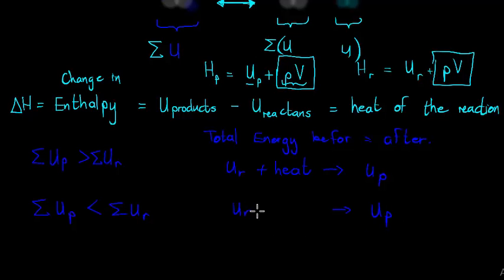That would mean that I used to have more energy, and after the reaction happened, what happened to the extra energy? Well, it was released in the form of heat. It can be heat or light, but we'll stick to understanding it as heat.